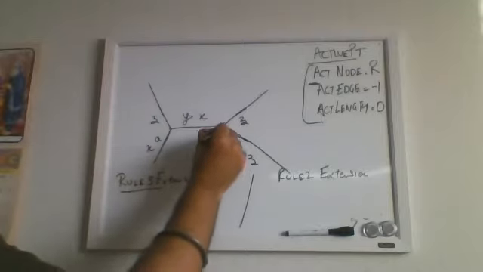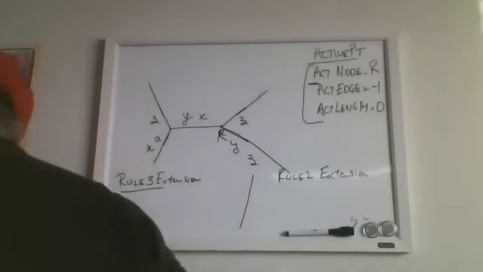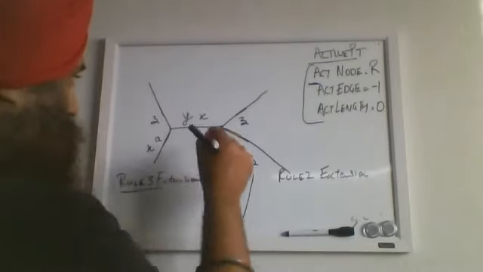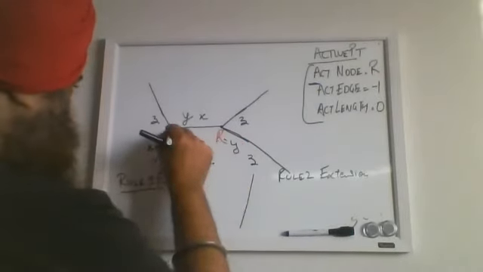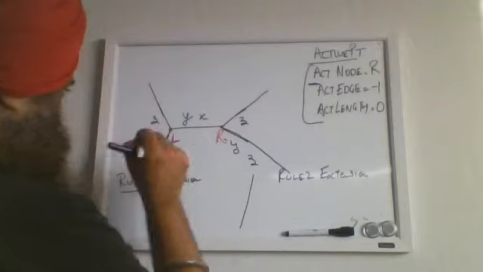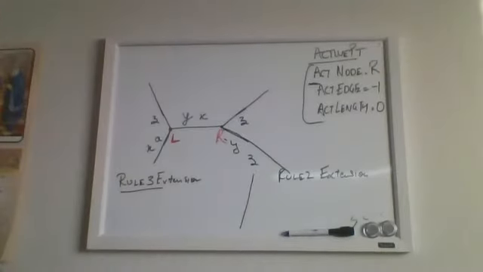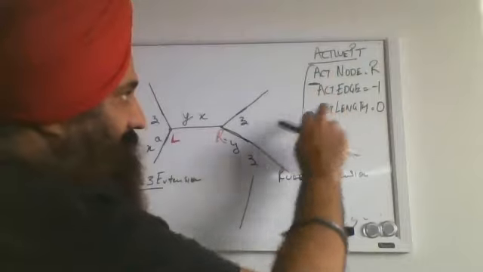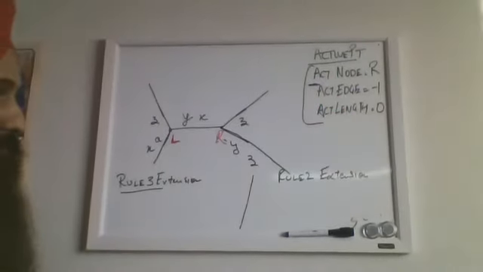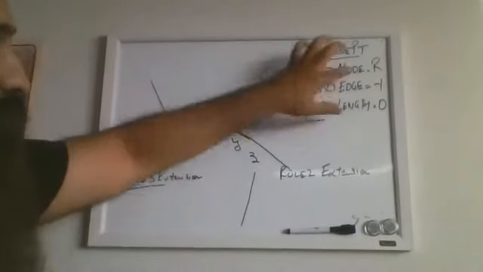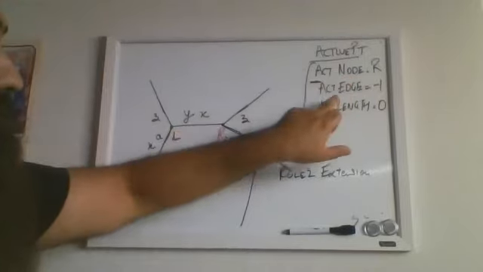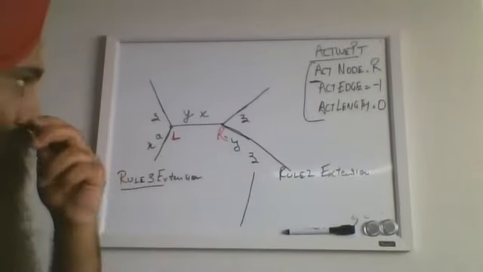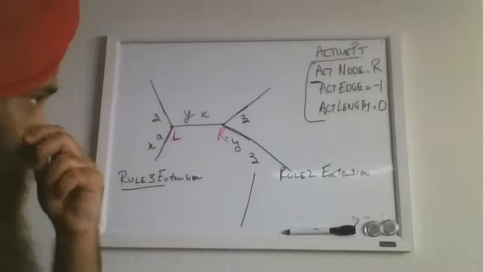This is R, suppose I label it by R. This is L. So your active point is your active node, active edge, and active length. You begin from the node, move in the direction of the edge, and the length tells you how much you have to move in the direction of the edge.